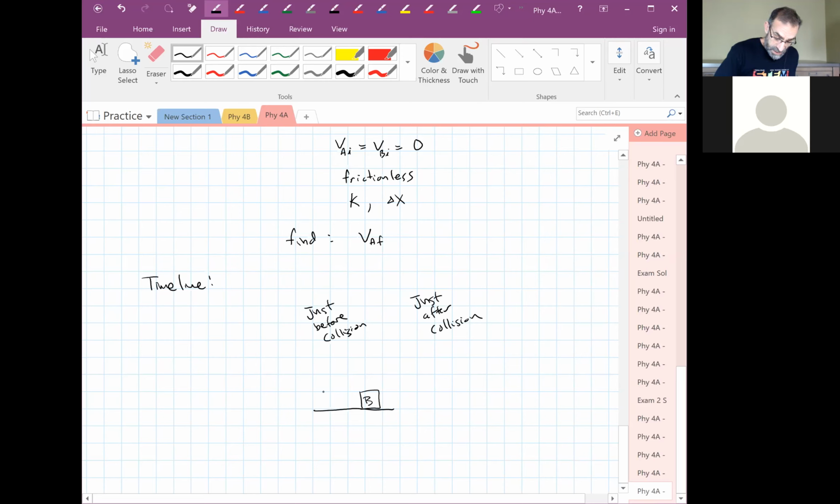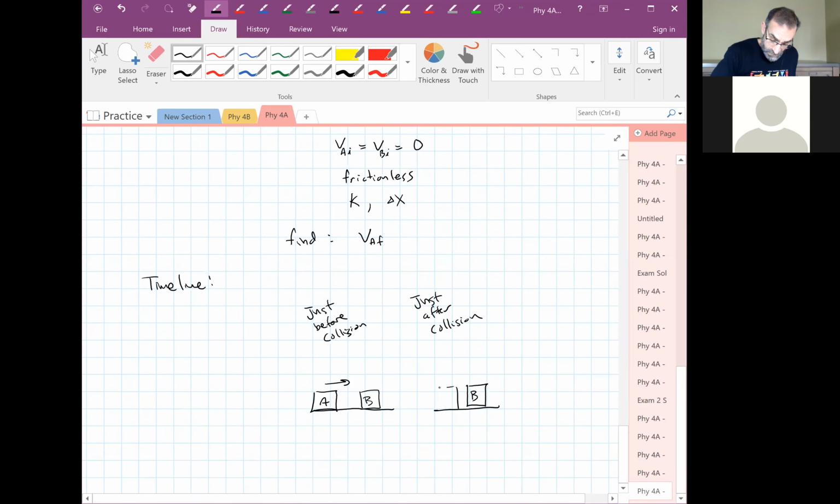B is just sitting there, and A is moving with some velocity. Just after the collision, what does it look like? A and B are both moving.